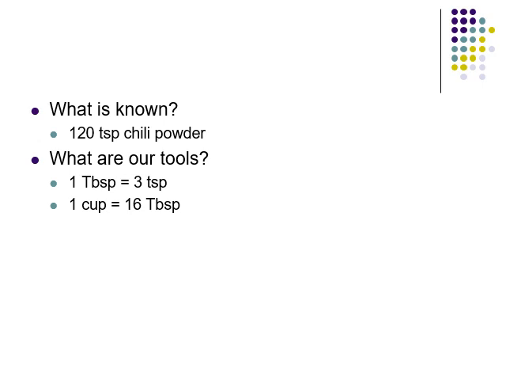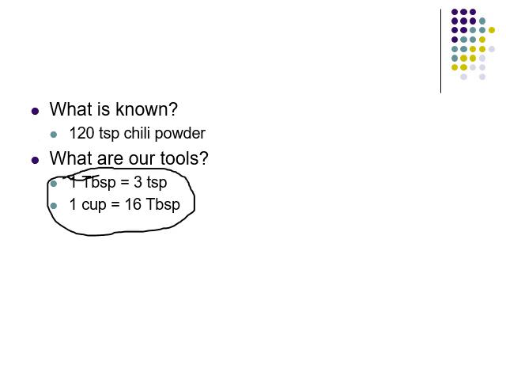So once again, what do we start with? We start with the thing that we know that is not an equivalency. So what would that be? Well, that would be the 120 teaspoons of chili powder. That's our starting point. 120 teaspoons of chili powder. Now I want to get rid of teaspoons of chili powder. So I look at our tools, and I'm going to take one of those ratios, or one of these equivalencies, and make it into a ratio.